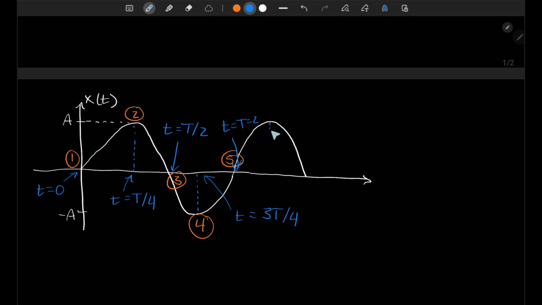And then again, this guy right here, this occurs at t is equal to 5 over 4 T. And here occurs at t is equal to 3 over 2 T, which is equal to 3 over 2 times 2 seconds, which is equal to 3 seconds. Okay, so this is actually the point where we want to verify how far we've gone.